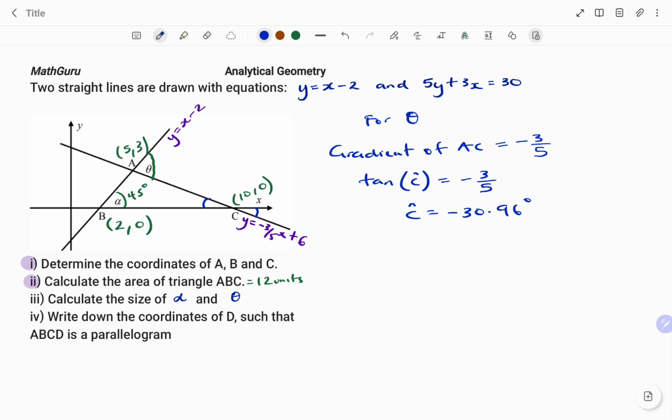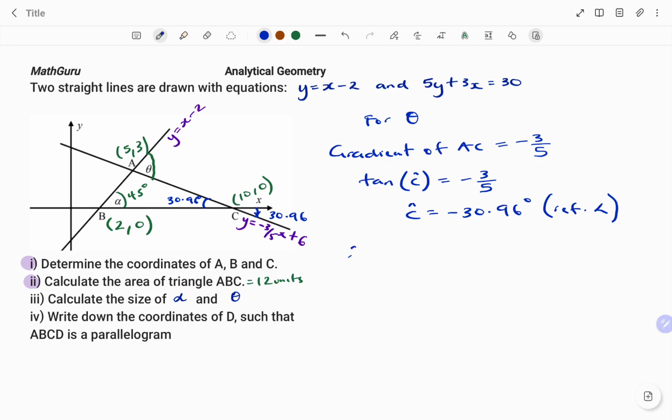And if I find that angle, C will be negative 30.96 degrees. Note that that is my reference angle. That is not the angle theta. And because it's negative, that's the acute angle that goes downwards. That's, I'm reading from my x-axis into my fourth quadrant. So that will be 30.96. And the vertically opposite angle, what that means is this is also 30.96 degrees.